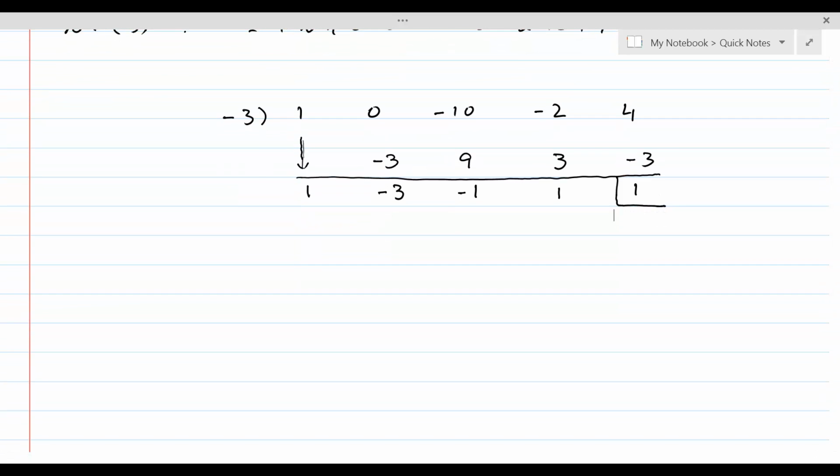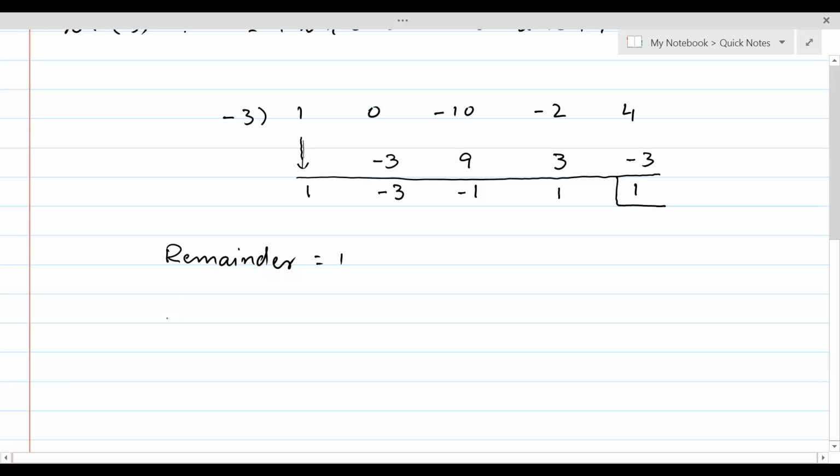So here remainder is equal to the last number. It is 1. If remainder was equal to 0, then minus 3 would be called root of this polynomial.